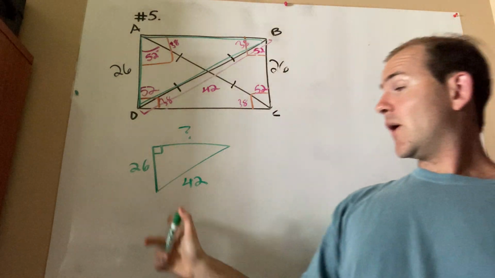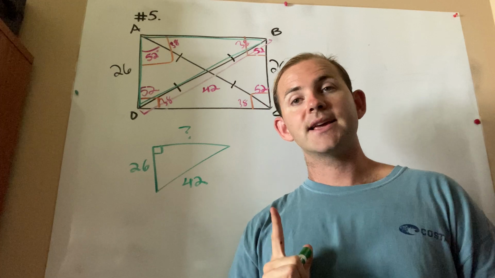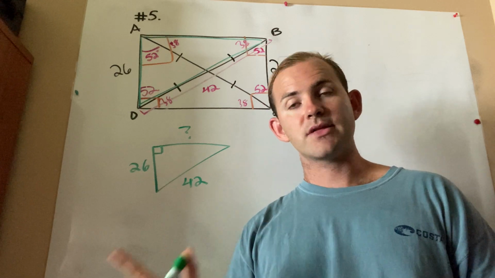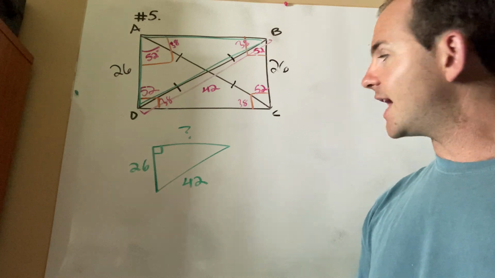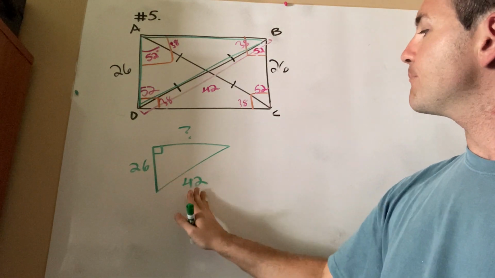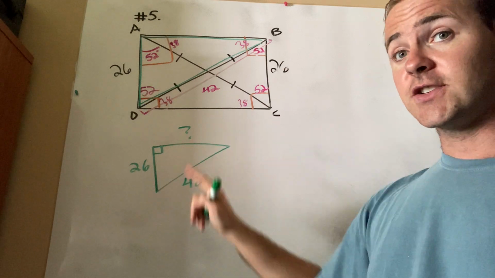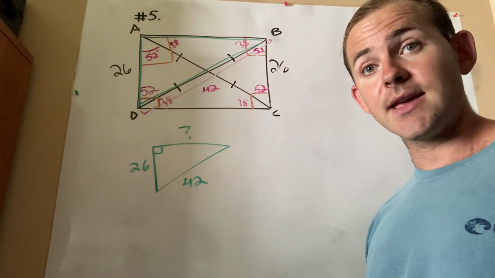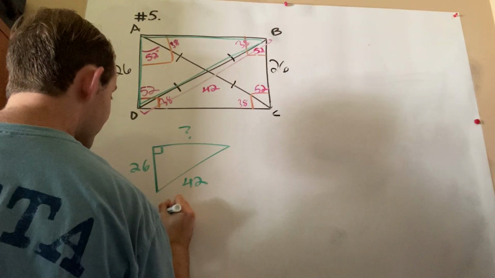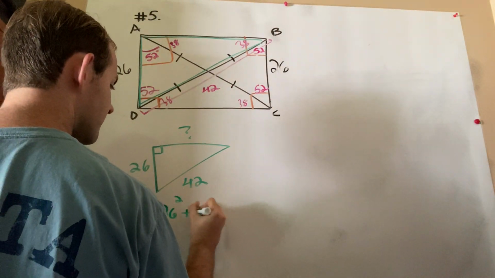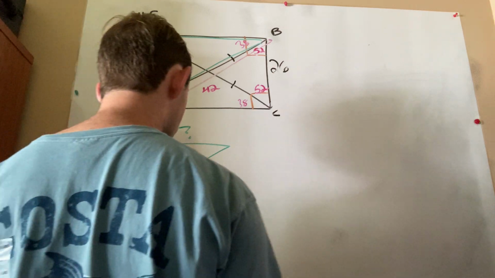I now have a right triangle with two sides that I know, and thus I can use the Pythagorean theorem to find the third. Notice that in this case, instead of being given two legs, I have a leg and a hypotenuse, because the hypotenuse is across from the 90-degree angle. So I'm going to plug in not for A and B, but for A and C. So I have 26 squared plus B squared equals 42 squared.